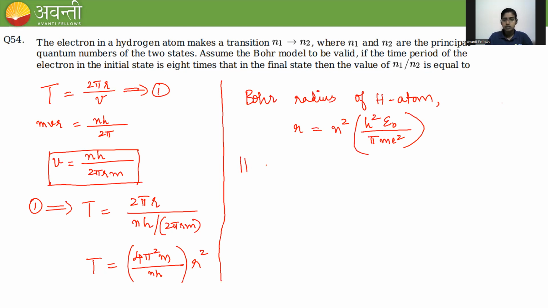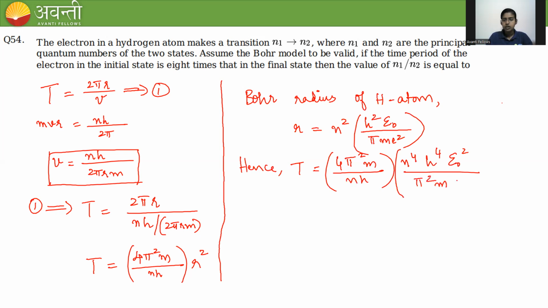Now hence the time period is equal to 4 pi square m divided by nh into n power 4 h power 4 epsilon square divided by pi square m square e power 4. So T is equal to n cube into 4 h cube epsilon naught square divided by m e power 4.